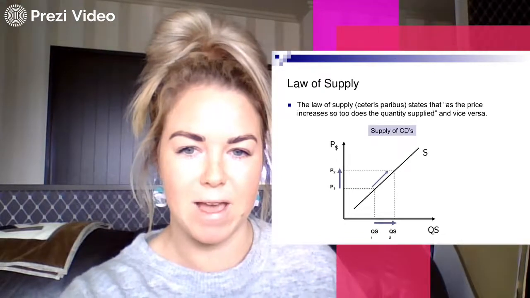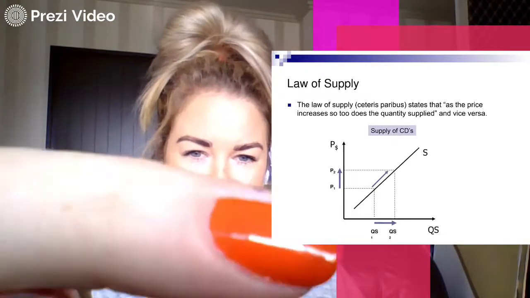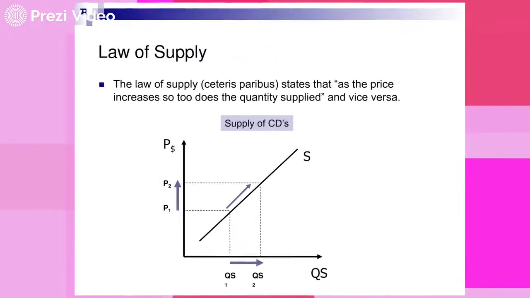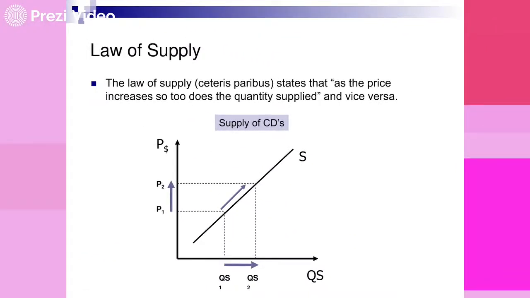Oh, can you see my hand? No. So you can see that we move from P1 to P2. And we do our dotted lines across. Where it hits the supply curve, we go down. We then have our quantity supplied 1, quantity supplied 2. So this is showing us an increase in price in this example. And as we can see, the quantity supplied has also increased.